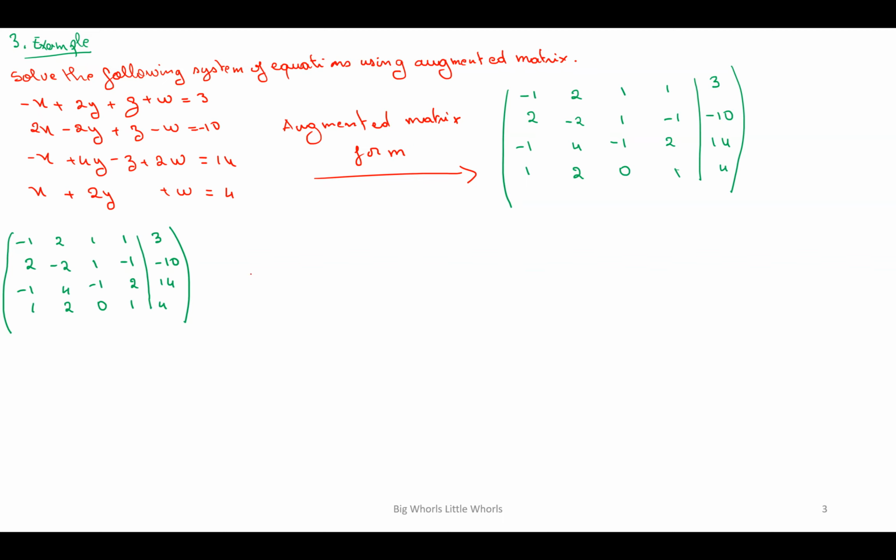Is that okay? So to eliminate the 2 here, I have minus 2 row 1 plus row 2.